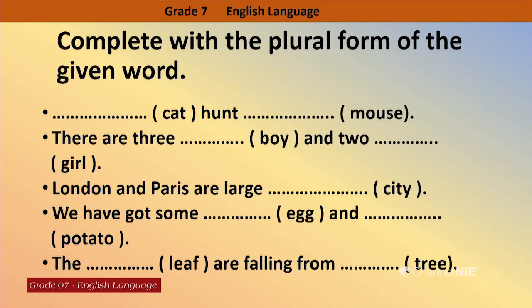London and Paris are large city. We have got some egg and potato. The leaf are falling from tree. So, there you have to use the plural form. Now, you learnt how to make these words into their plural. Use all the knowledge you got so far and do the activity correctly.